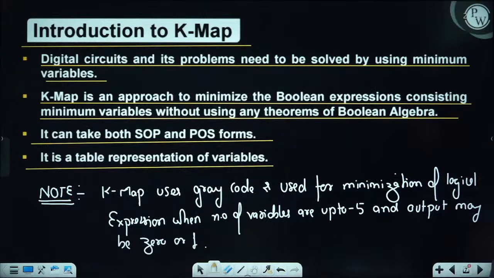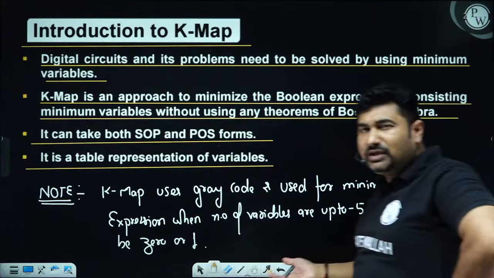Okay. So K-map uses gray code and is used for minimization of logical expressions when the number of variables is up to 5. It is useful up to 5 variables.